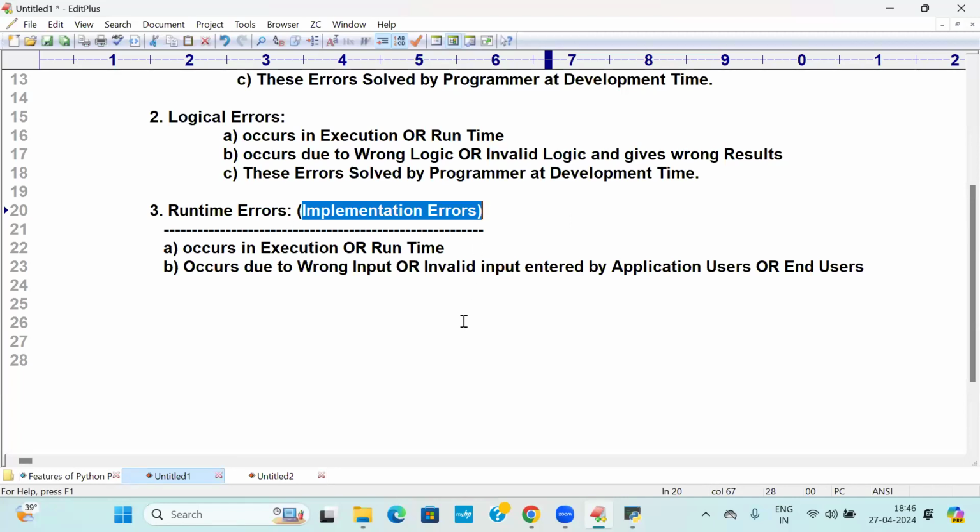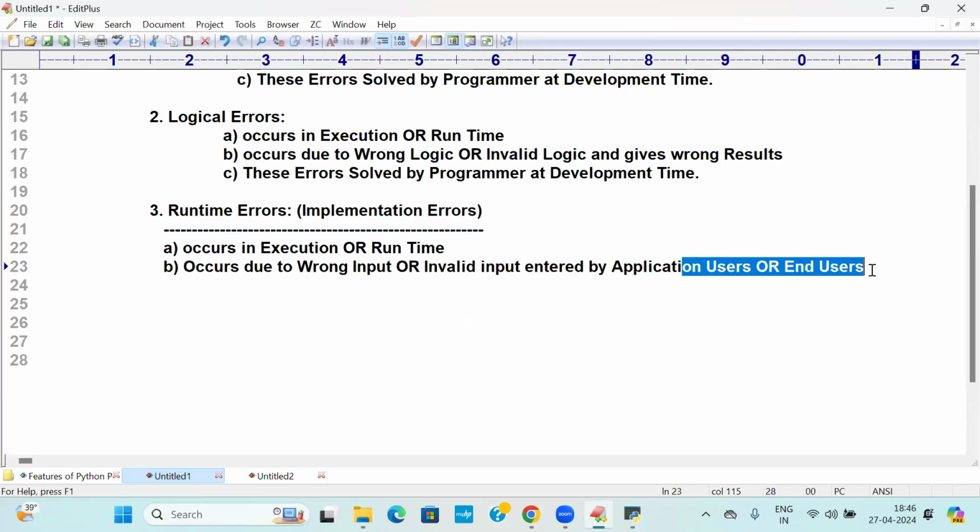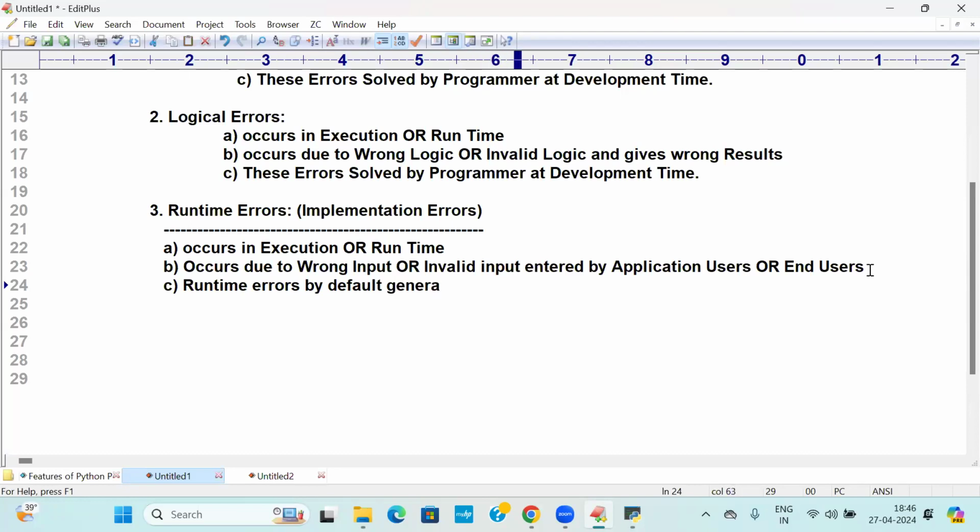Same thing. When any person enters wrong input, such wrong inputs entered by the end user are simply called as what? Runtime errors. And runtime errors, dear students, this is very, very important, by default generate which messages?